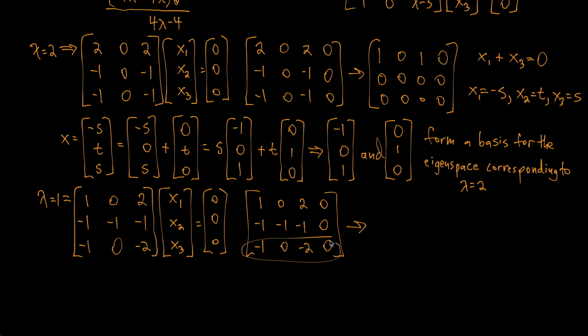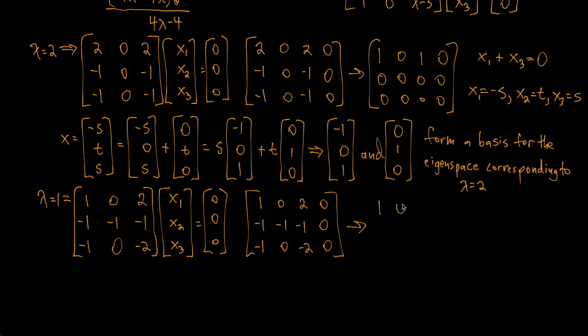Notice the last row is a multiple of the first, so I'll zero it out. And then the first already has a leading 1. I'll add it to the second row to cancel out this one and get a leading 1 there. And then just multiply by negative 1.